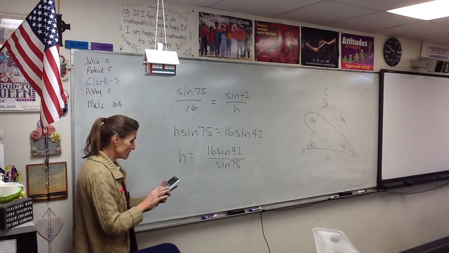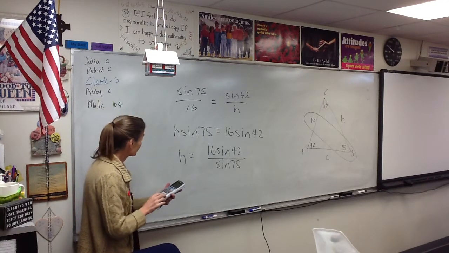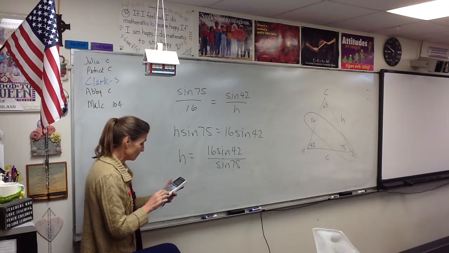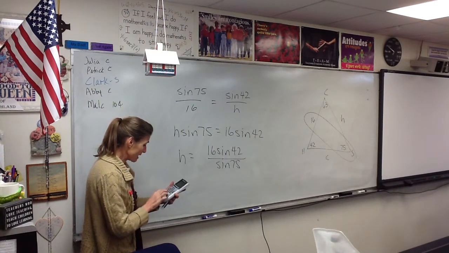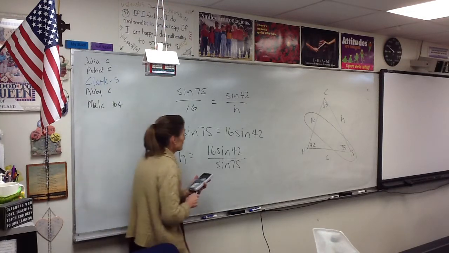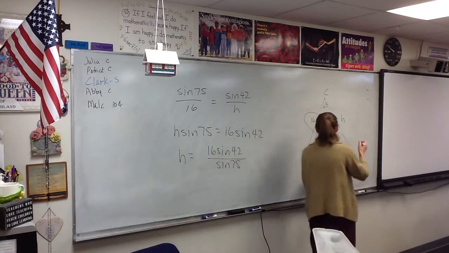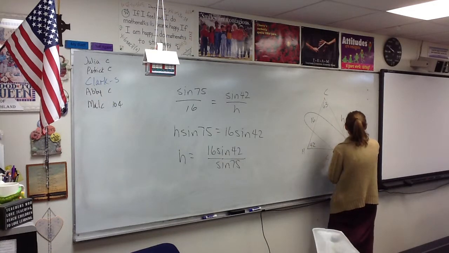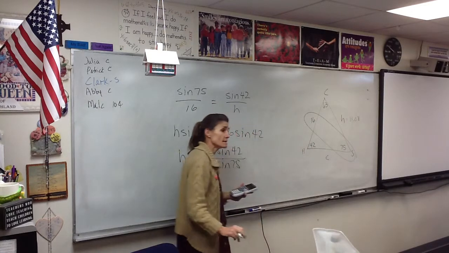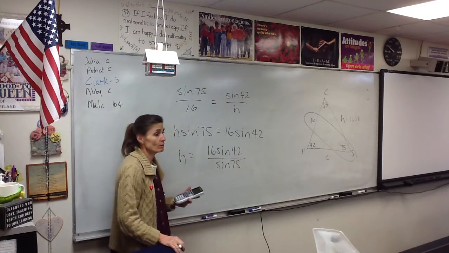Make sure you are in degrees. 16 sine 42 divided by sine 75. And for h, I got 11.08. Remember, the directions did say nearest hundredth. That's 2 decimal places, 11.08.